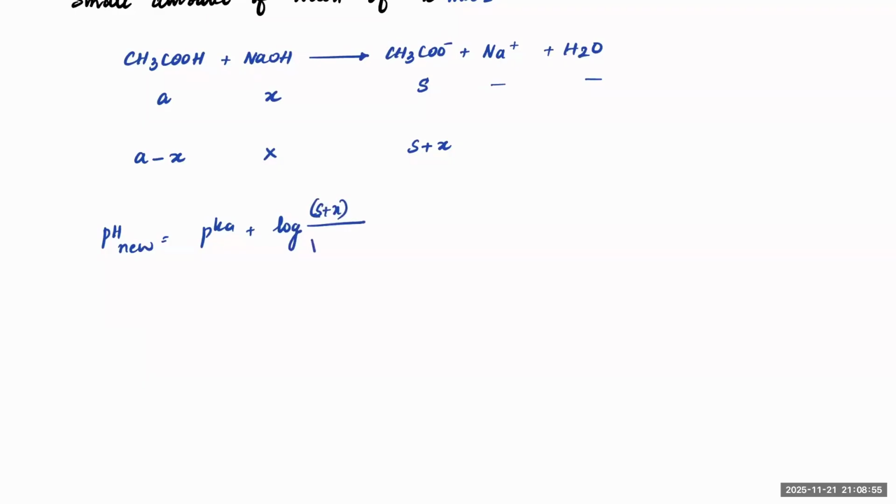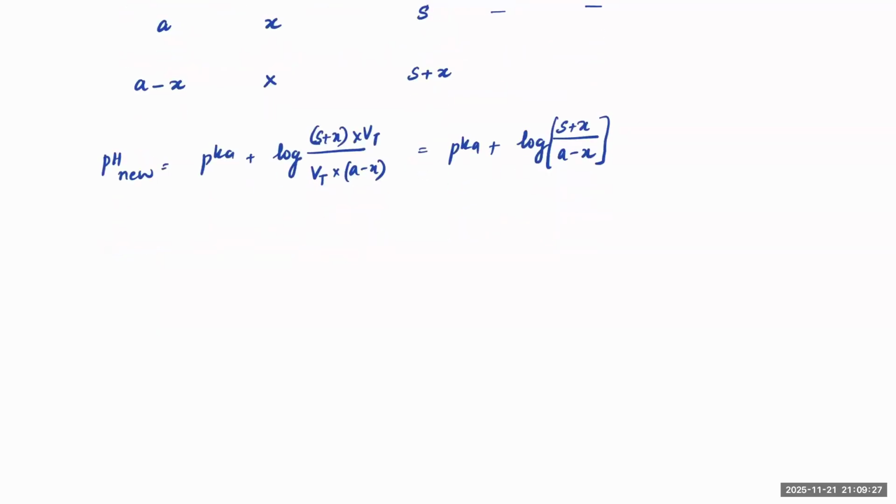Concentration is always moles by volume, so the final volume is anyway going to get cancelled. So that will be pKa plus log of S plus X divided by A minus X. Okay. So this will be the new pH of the solution.